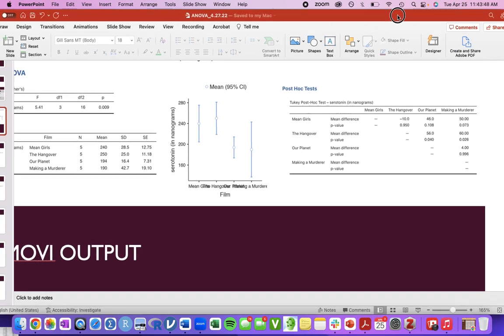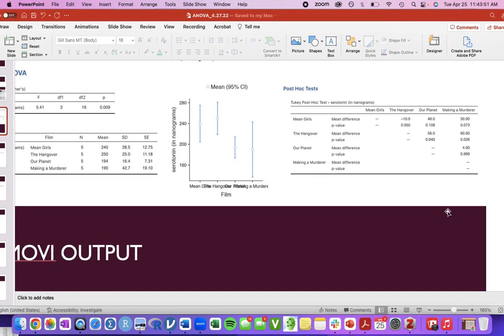So what this is telling us is two things. First, it tells us the mean difference between our two comparisons. For example, the difference between Mean Girls and The Hangover is -10. And then it gives us our p-value. Remember, our alpha is what we're comparing our p-value to. If we have an alpha level of 0.05, we are looking to see whether these p-values are below 0.05.